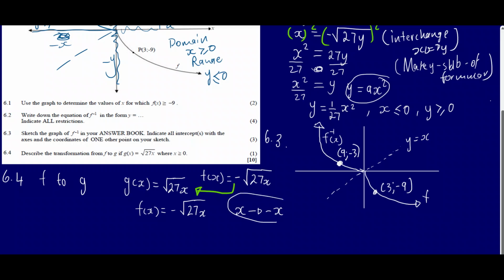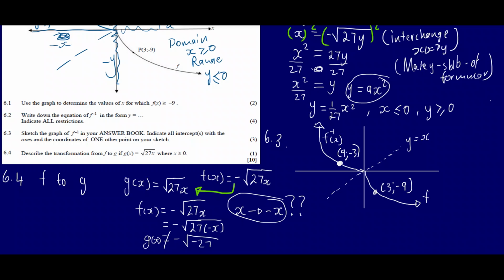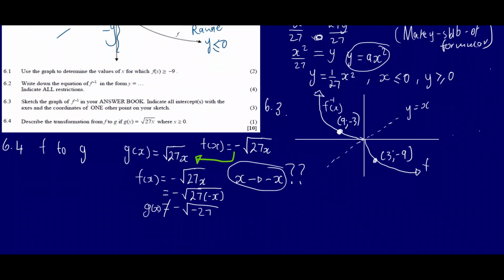Do you think we substituted x with minus x? Okay, let's go and test that. We would get square root of negative 27, which we can't get the negative out of here, so this is not our g function, right? So that's not a type of transformation that was performed here.